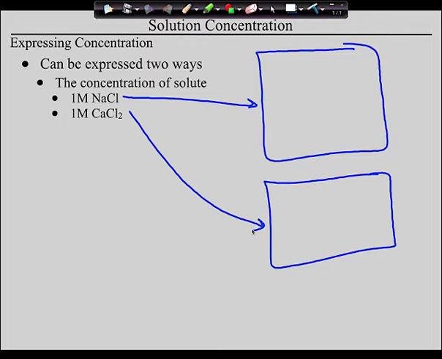So what we're saying right now is these are both 1 molar solutions. They have the same concentration, but they actually don't have the same concentration. Hopefully after you draw the pictures, you'll understand why.